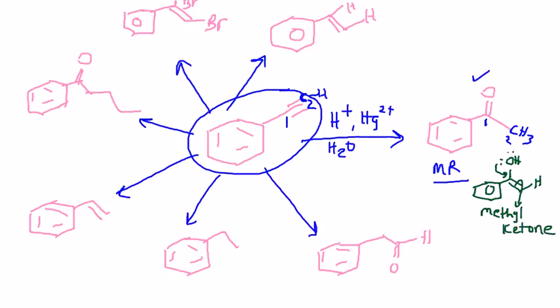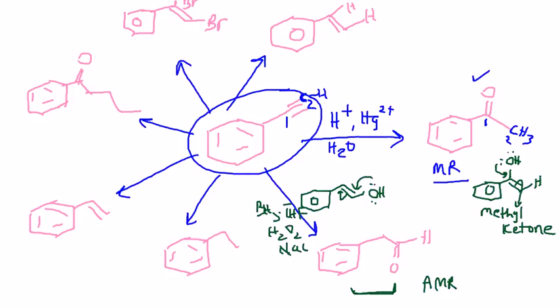Now, on the other hand, if you wanted to add water to the terminal position, so if you wanted to get a different kind of enol, which looks like this, and is going to tautomerize into an aldehyde, in that case, you want to follow anti-Markovnikov rule, and you're going to go with BH3 THF, H2O2, sodium hydroxide.